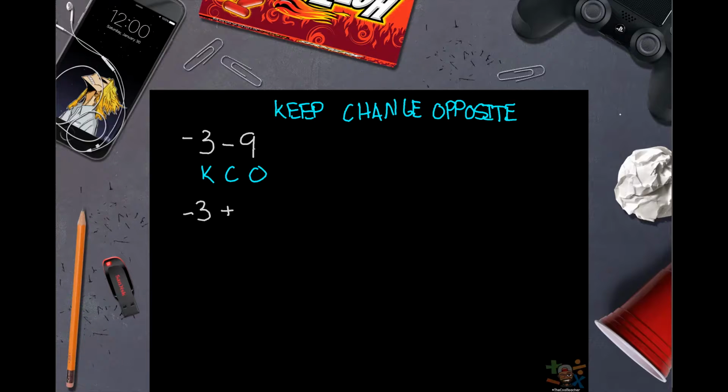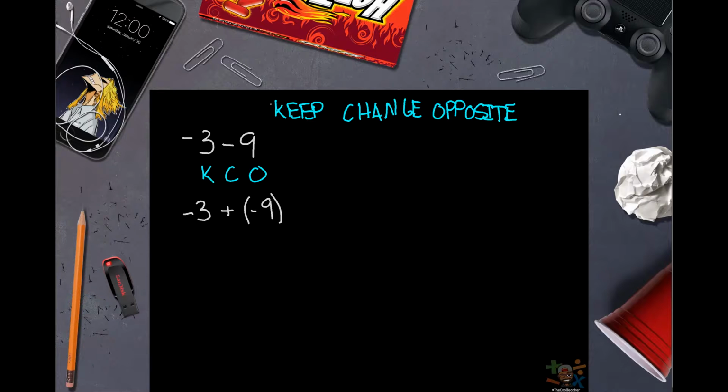Once again, they all mean the same thing. And the opposite of a 9 is going to be a -9. And from here, I apply the same rules that I applied in my adding integers video.